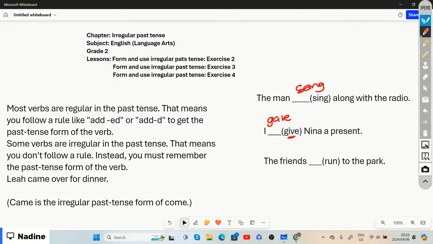So we can say my friends ran to the park. Well done, ran is correct.